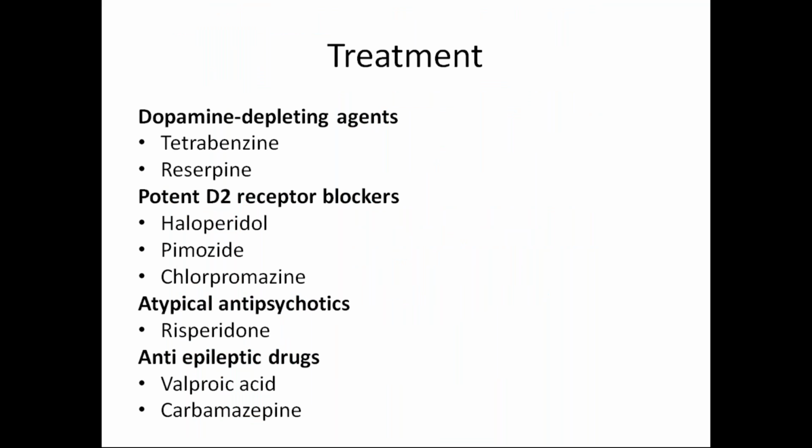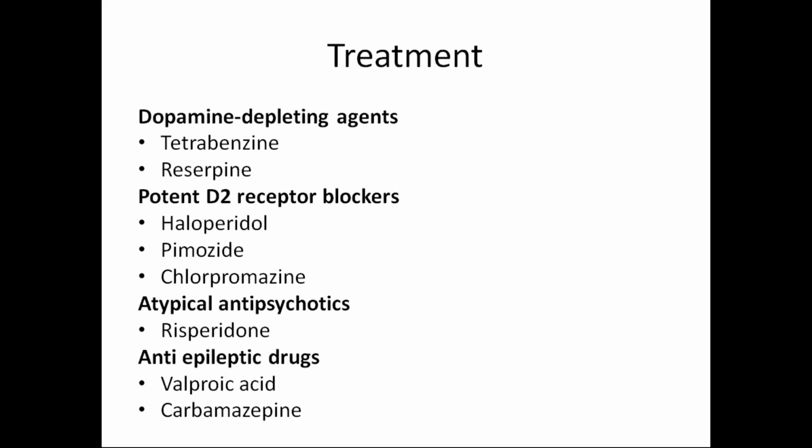Coming to the management, you know that chorea is a visual diagnosis. You do MRI neuroimaging to locate the lesion. We know that the lesion is in the basal ganglia. So how do you treat? As we discussed, it is mostly dopaminergic and GABAergic drugs, not cholinergics.